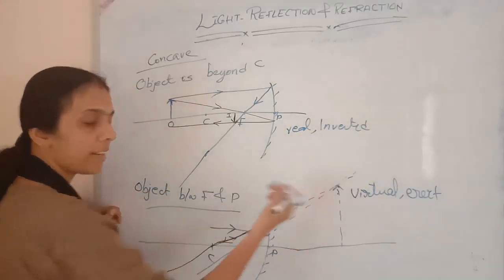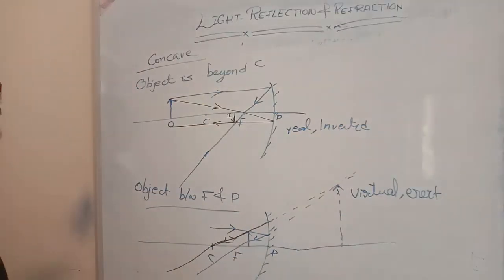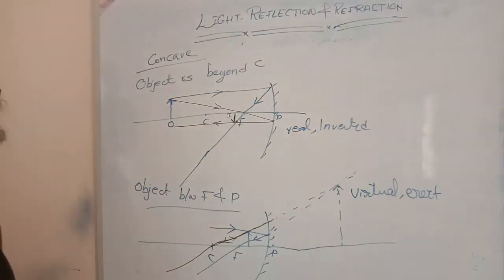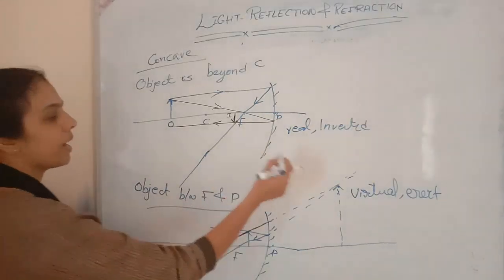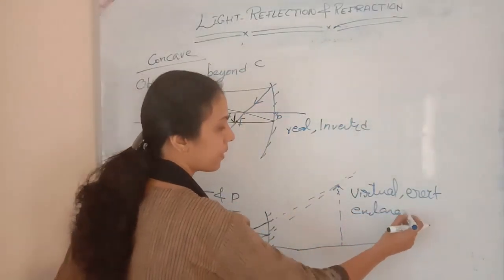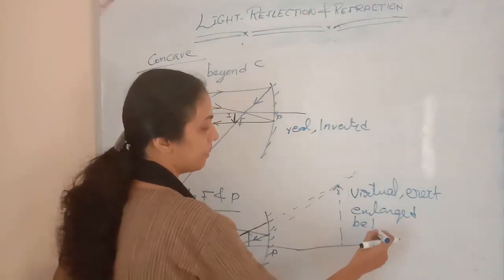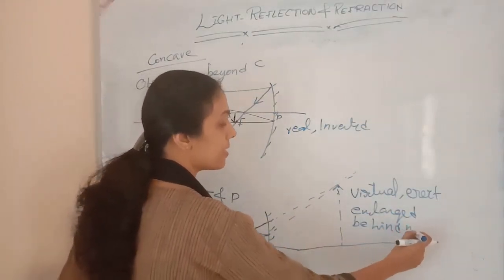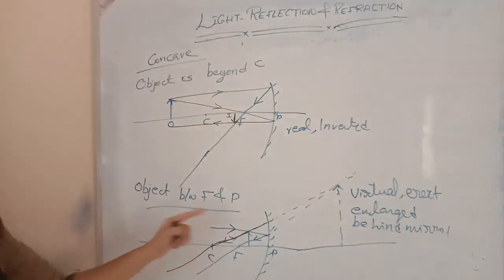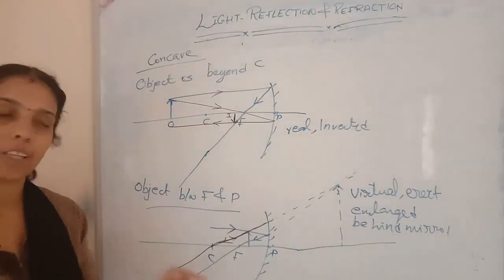Here it is not actually meeting, we made it meet at one point, so it is a virtual and erect image. Here it is an enlarged image, and the position is behind the mirror. Clear? This is how we find the virtual image.